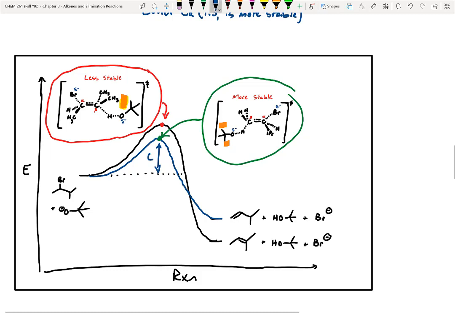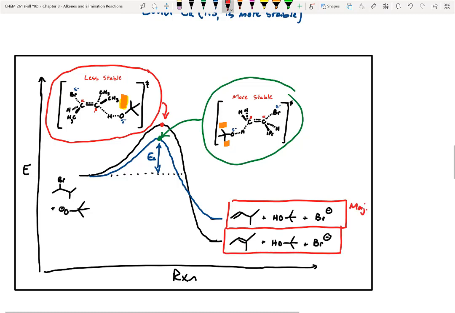So this activation energy is going to be a little bit lower for the transition state that actually leads to the less stable product. This is a weird situation, so let's kind of clarify this, and we'll just say that this, even though it's our less stable product, had the lowest barrier, and this will be major. And then this bottom one will be our minor product.